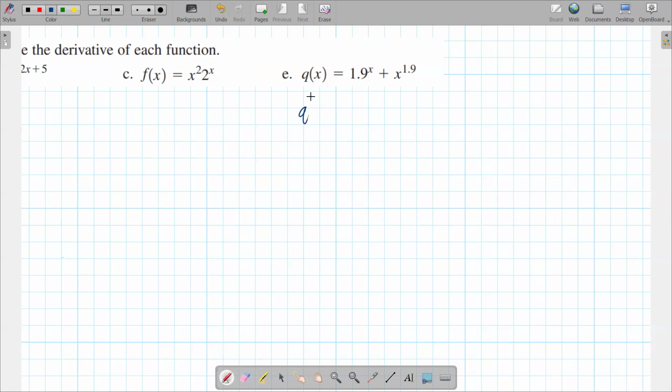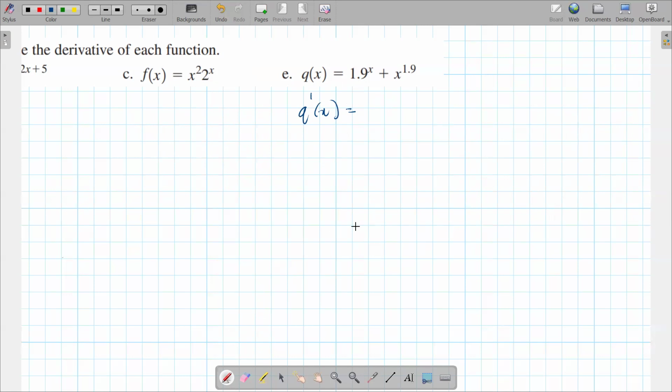Okay, what about E? What's Q prime of x here? Is this a product rule question? It is not a product rule question.